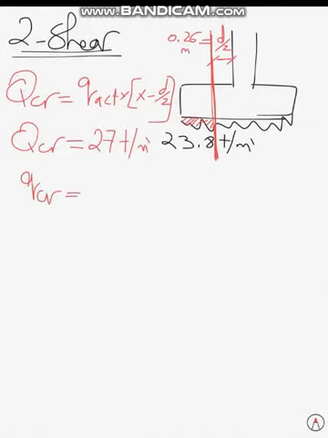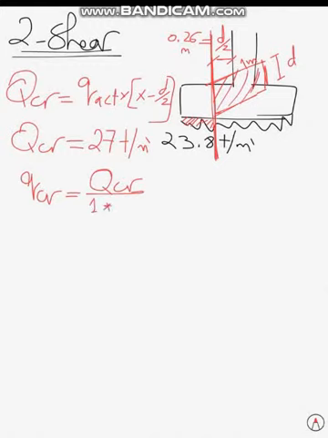Then I estimated the critical shear stress. I took the critical shear force over the area resisting this shear force, which is 1 meter width of the footing, as you can see in the cross section, multiplied by the depth of footing. This is the area resisting the shear force.